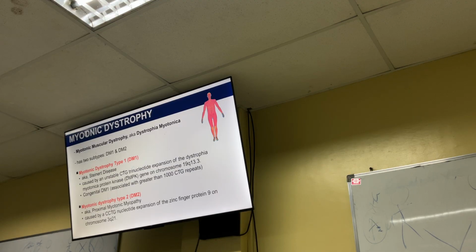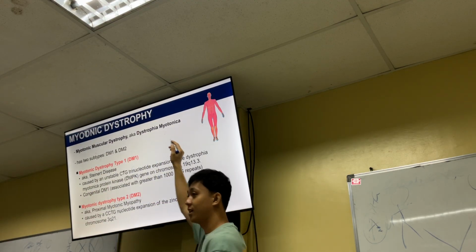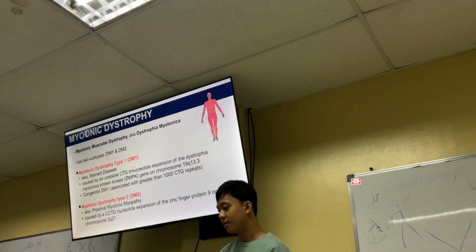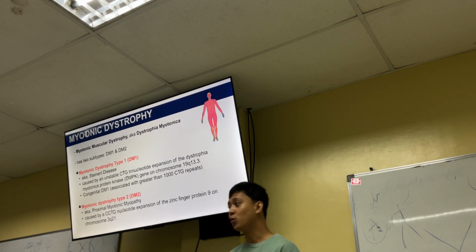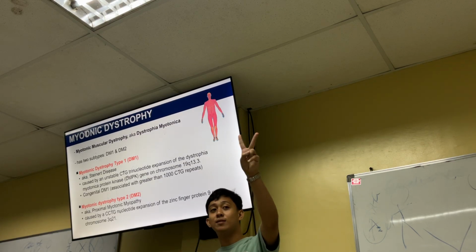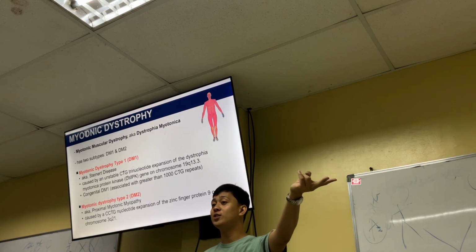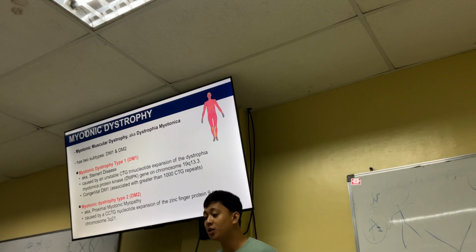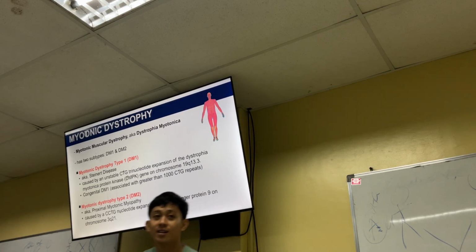Easy side question: we have two subtypes, type 1 and type 2. So we have two types in both limb-girdle muscular dystrophy and myotonic dystrophy. Here, the name of myotonic dystrophy type 1 is Steiner disease.